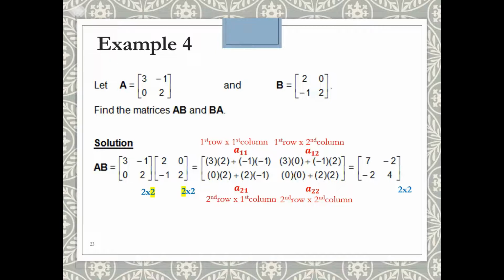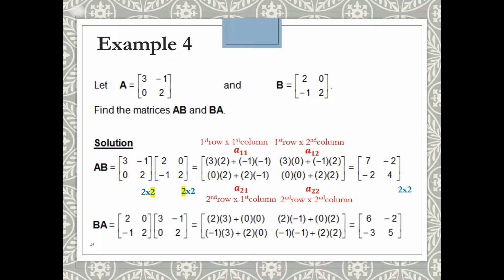Next, a12 is obtained by multiplying the first row of the first matrix with the second column of the second matrix, and you will get 3 times 0 plus -1 times 2, which is equal to -2. Do the same process for the rest. You will get a21 is -2 and a22 is 4.